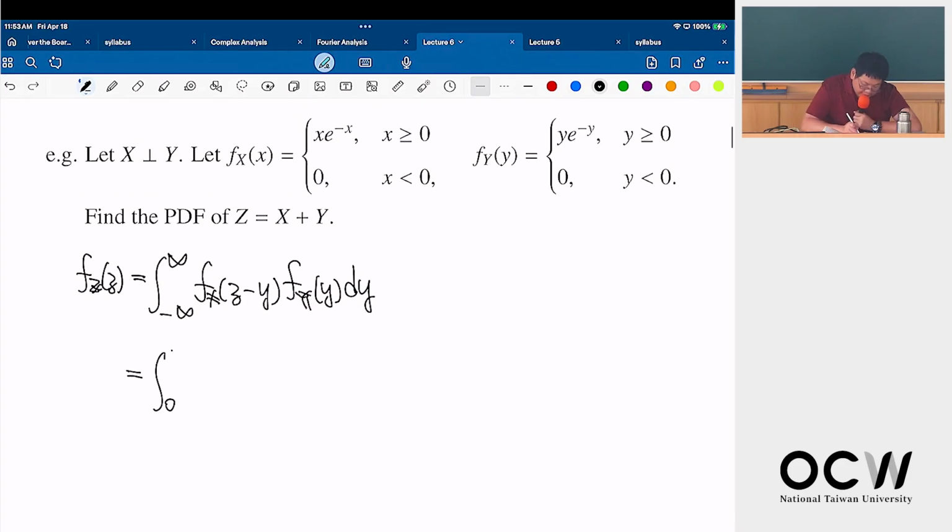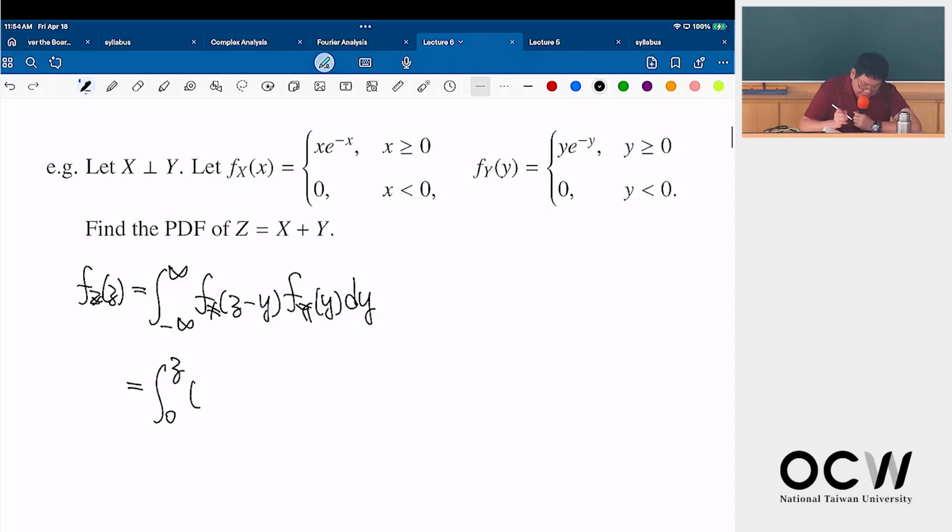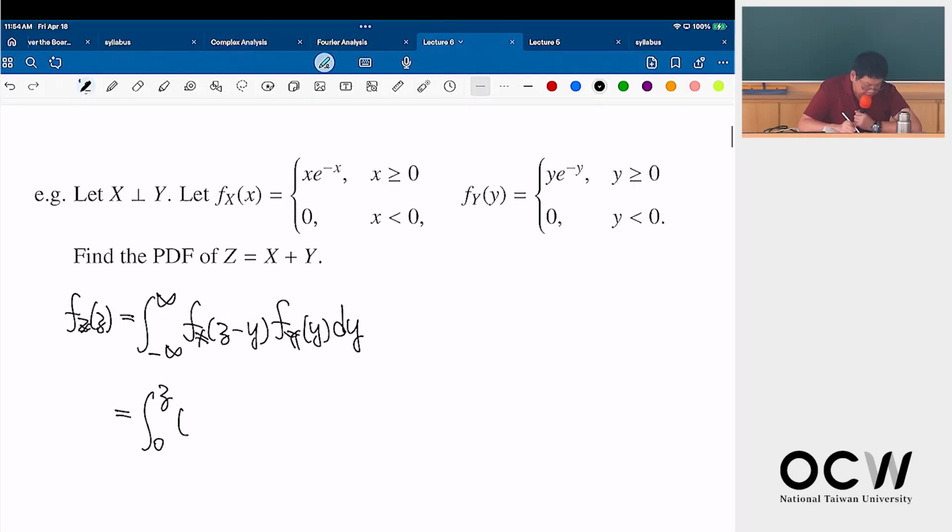So the PDF of z is the integral, from 0 to z, of the PDF of x at z minus y, times the PDF of y. The PDF of x at z minus y is exponential of minus z minus y, and the PDF of y is y times e to the minus y, dy.